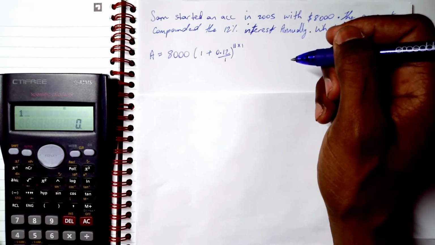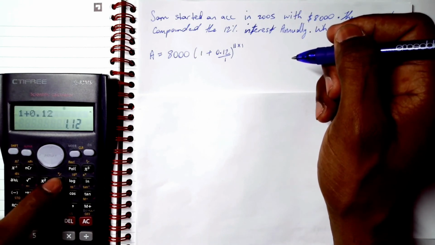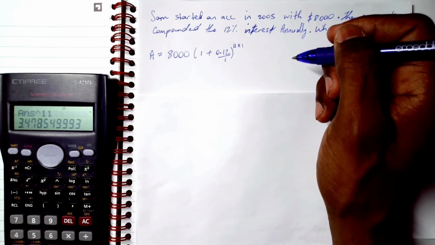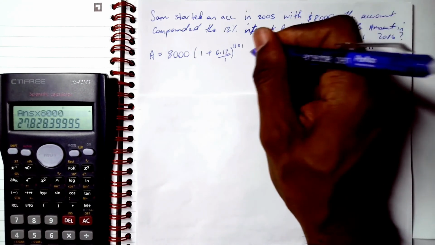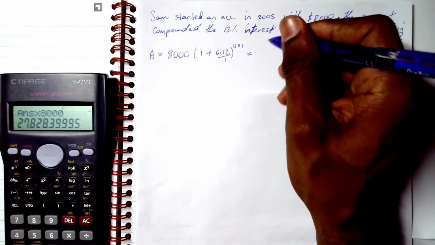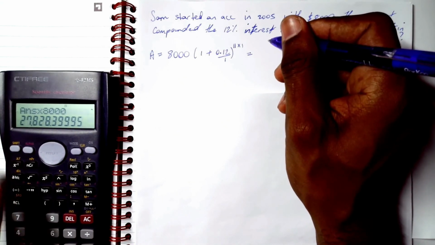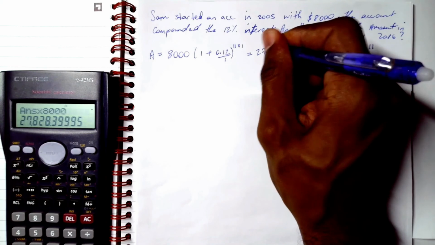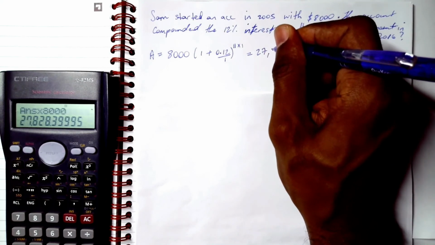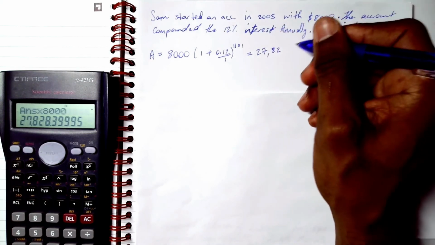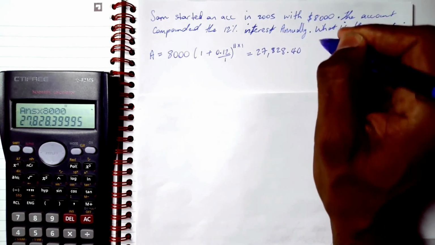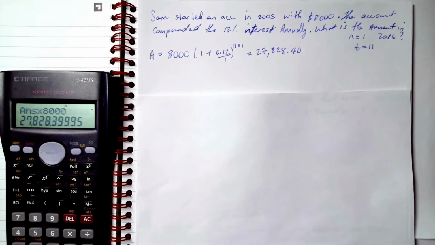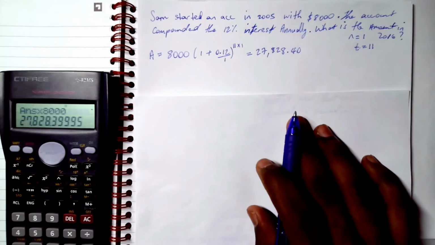It's going to be 1 plus 0.12 raised to the power of 11 multiplied by 8,000, which is going to be 27,828.40. There it is. Plain, straight, and simple.